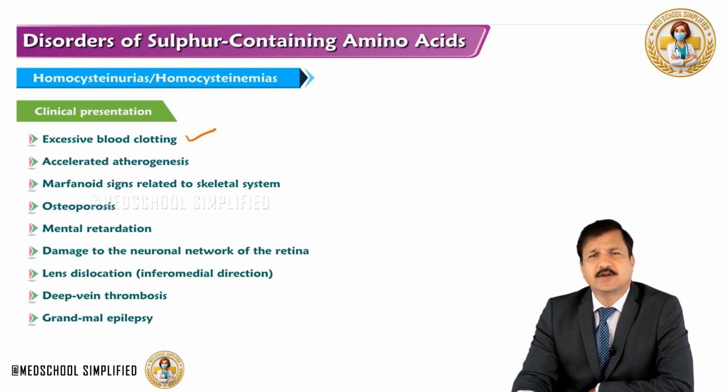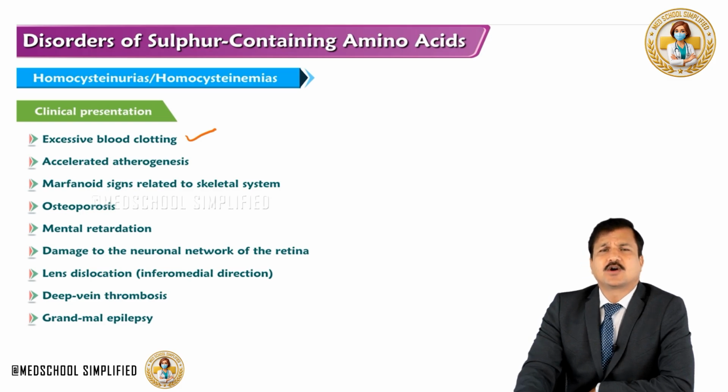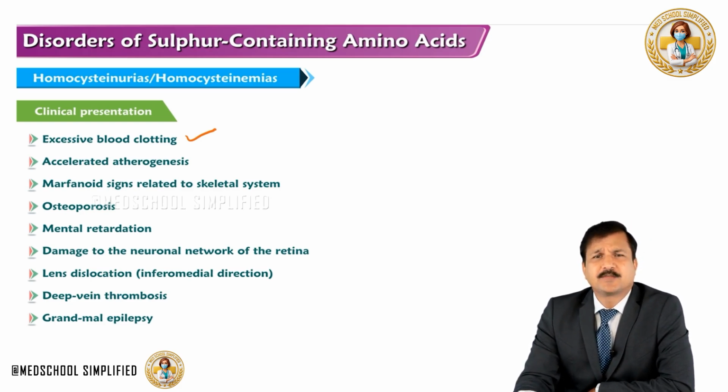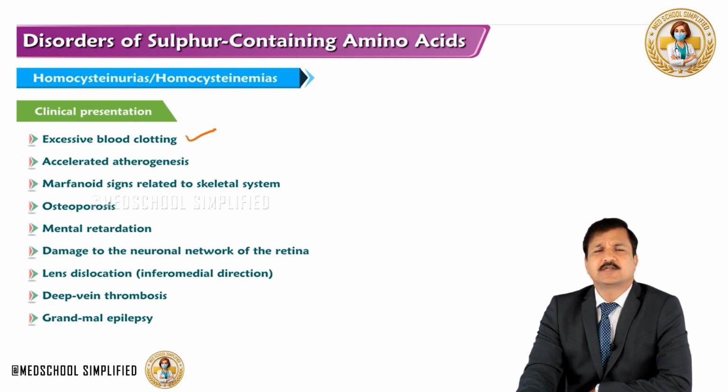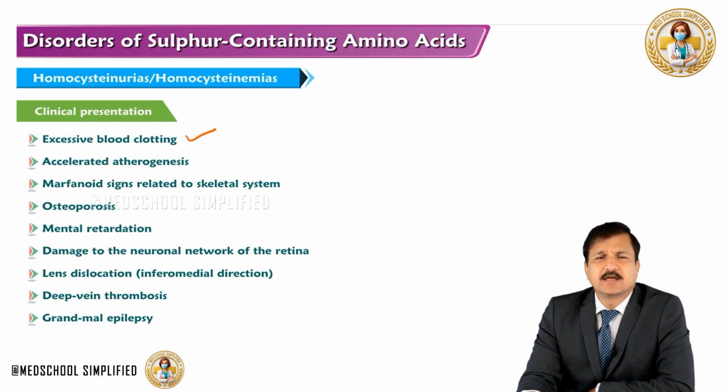There are so many effects of homocysteine. That's why homocysteine elevation is an independent risk factor for coronary artery disease or cerebrovascular events like myocardial infarction or stroke. That's why elevation of homocysteine is a risk factor leading to excessive blood clotting and other consequences.